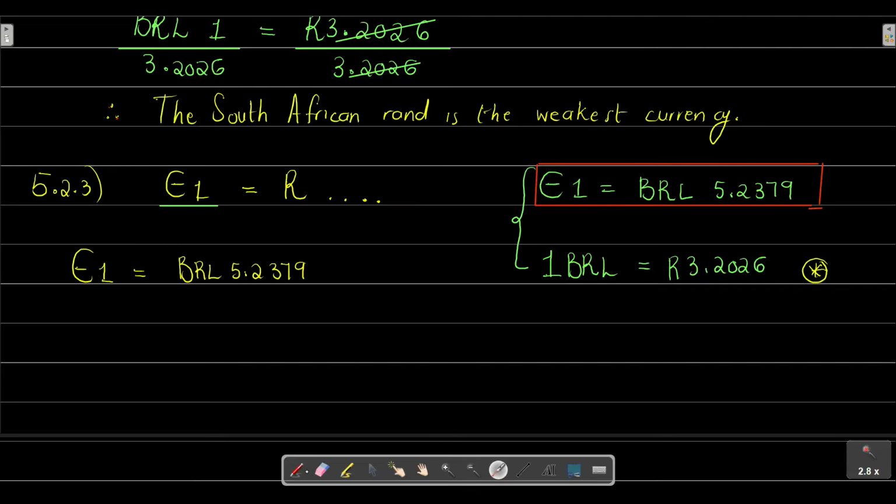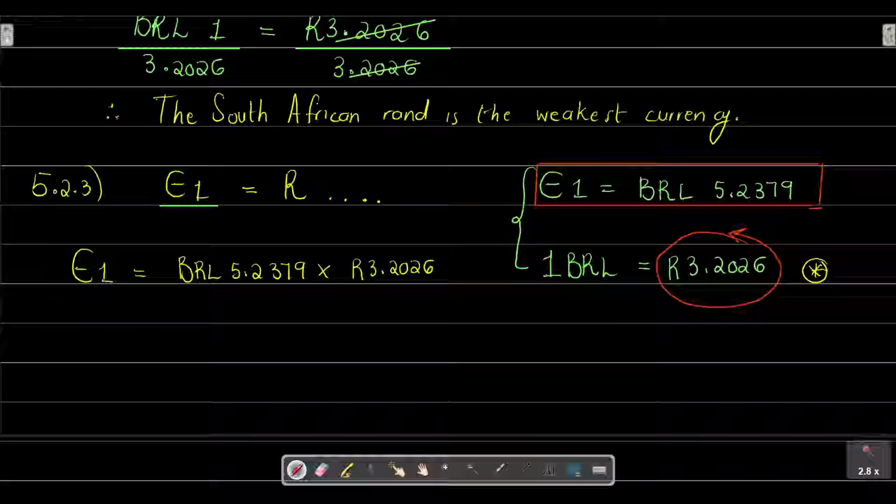What do we want? We want our units in rands, so we're going to multiply by 3.2026 rands.